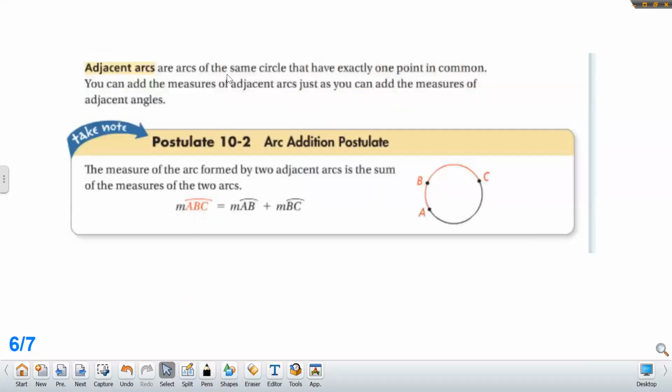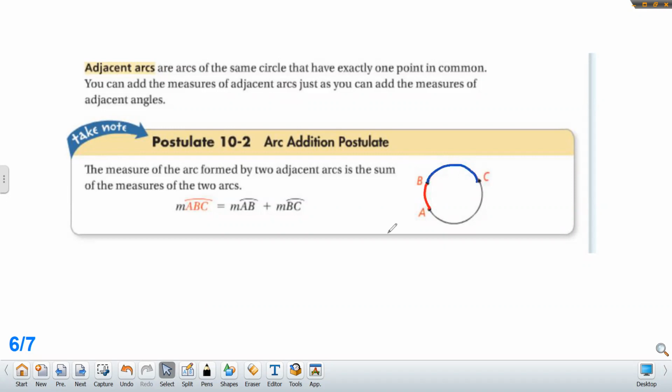Here he said adjacent arcs. What's the meaning of the word adjacent? Adjacent means neighbor arcs, right? So if I'm saying, for example, what is the neighbor of AC, I have two pieces making AC together. The first piece is AB, and the other piece is BC.